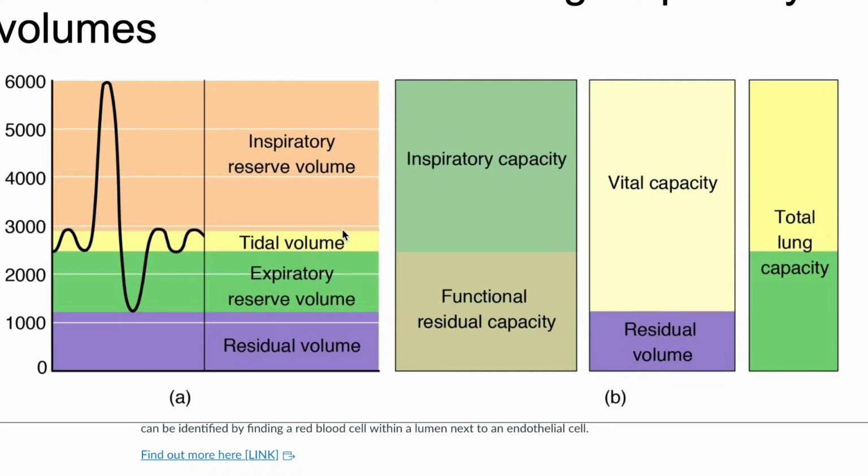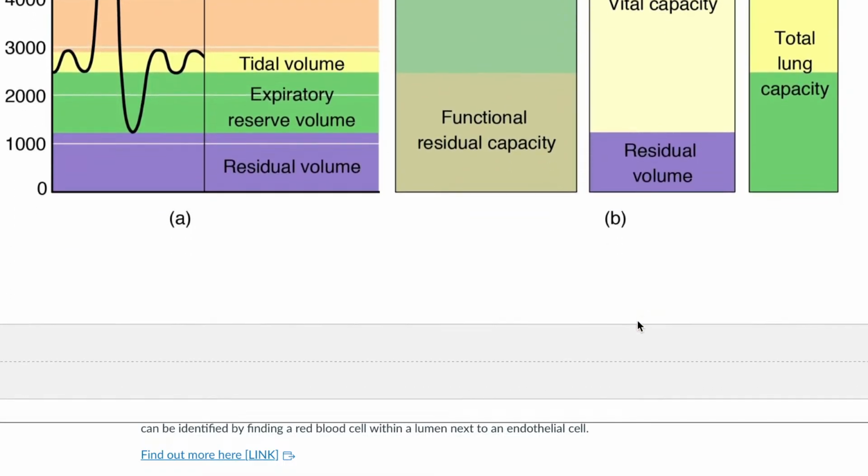Functional residual capacity. I don't know why that would be expiratory reserve volume and residual volume. Anywho, vital capacity is how much you can breathe in and how much you can breathe out. And total lung capacity measures everything that is in your lungs, all of it. So that's easy to remember.